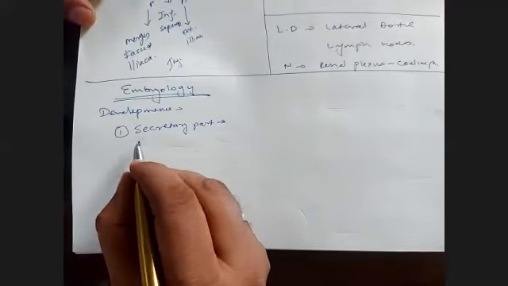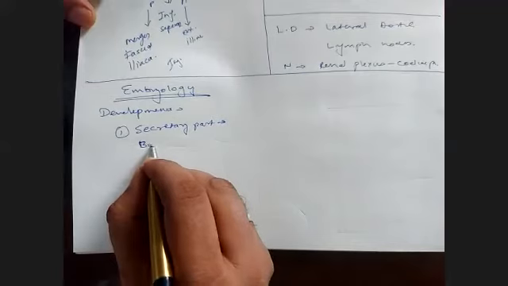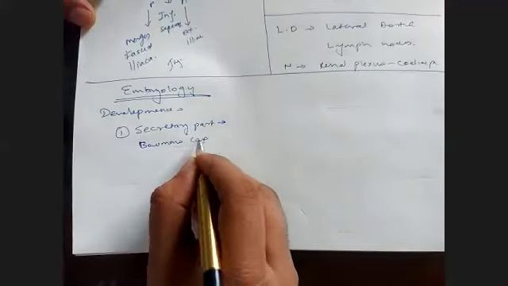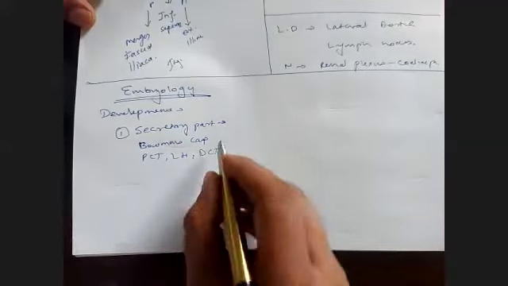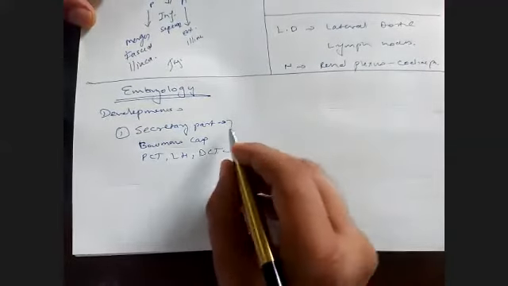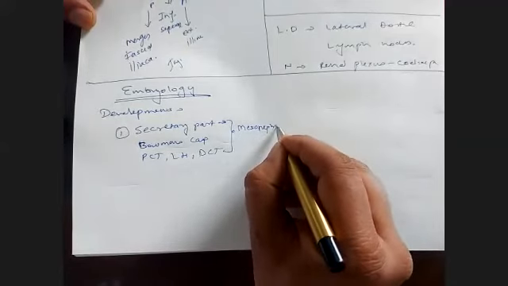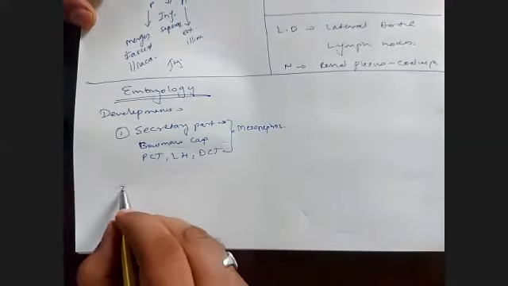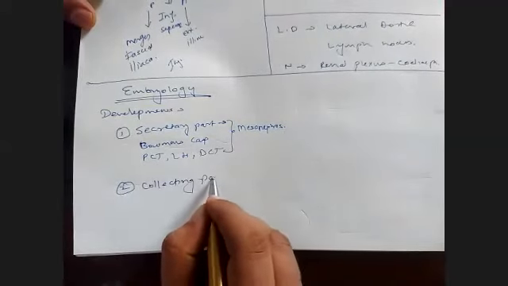What is included in the secretory part? It is the Bowman's capsule, the PCT, the loop of Henle, the DCT. So they develop from mesonephros. And two, the collecting part. So what is there in the collecting part?